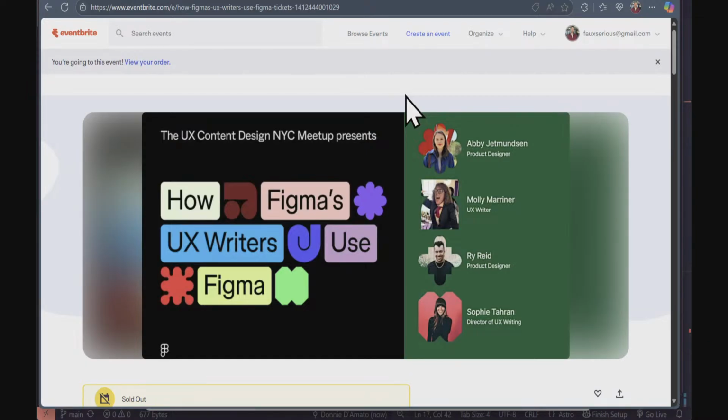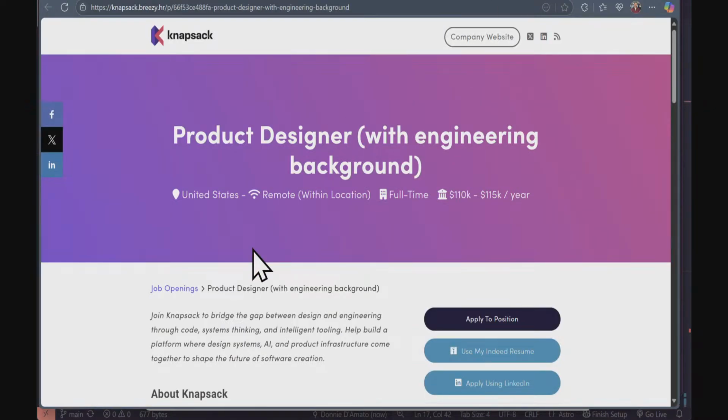In terms of jobs this particular week, the only one I know about is this one, which is by Knapsack. So if you don't know, Knapsack is a product that is out there to support design system teams. And they were originally looking for a UX engineer, but they are now changing that job description to be closer to a product designer with an engineering background.